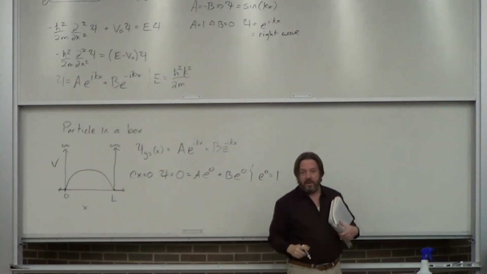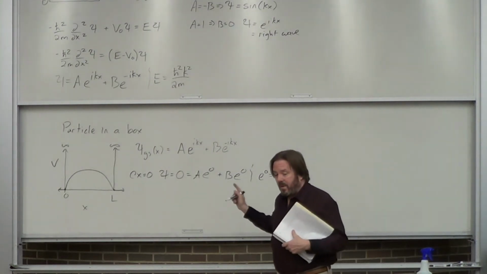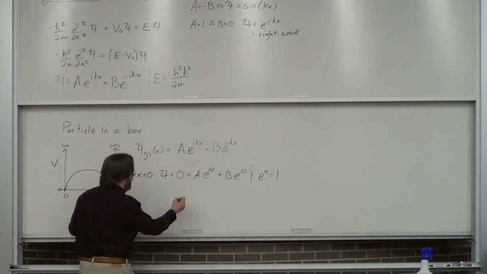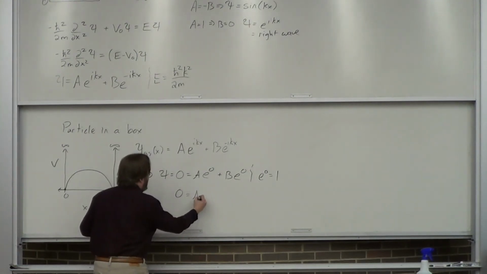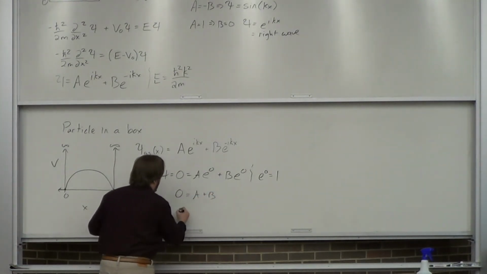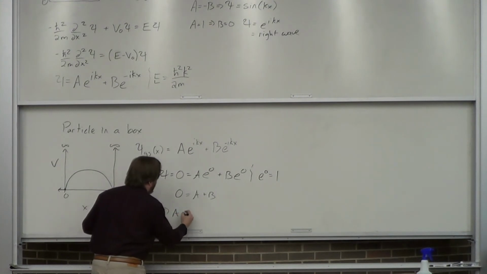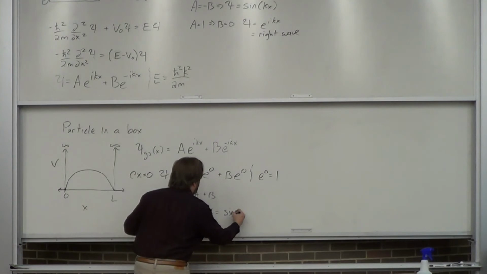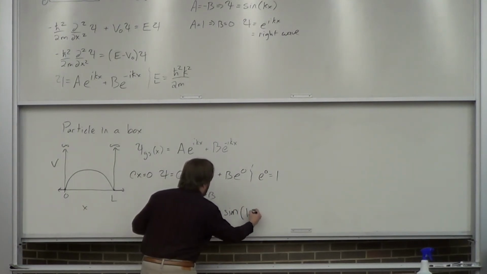Use your calculator if you're not sure about that. Look at it if you need that as an identity. It's on the next test. Hopefully I've convinced you of that. So what I've got is 0 is equal to a plus b. Therefore, a is equal to minus b, and the wave function is sine kx.